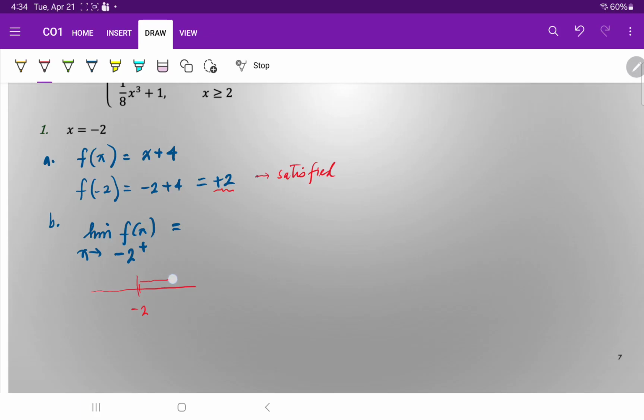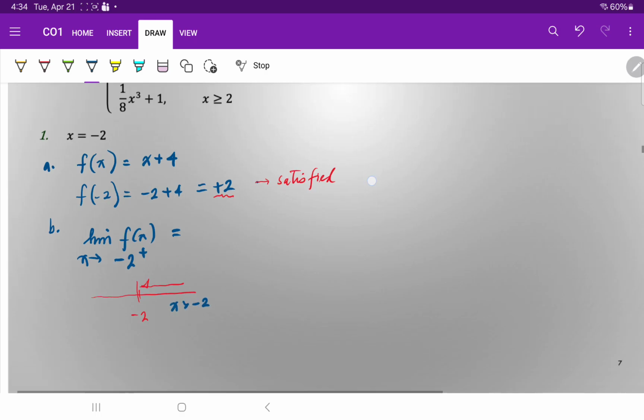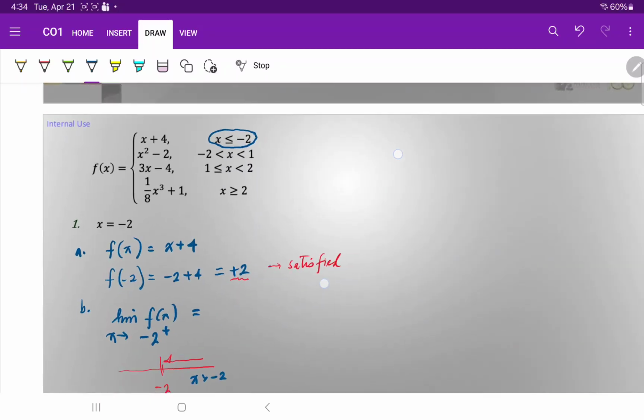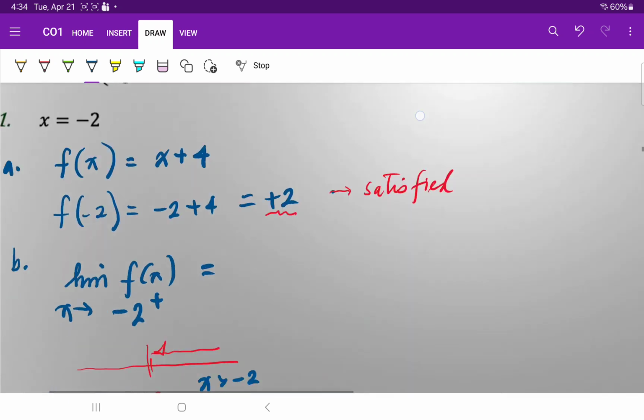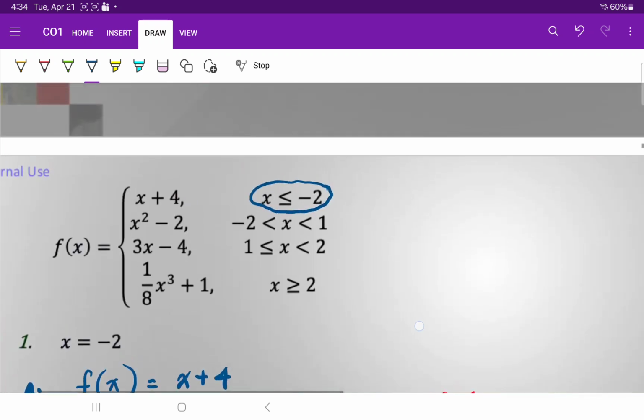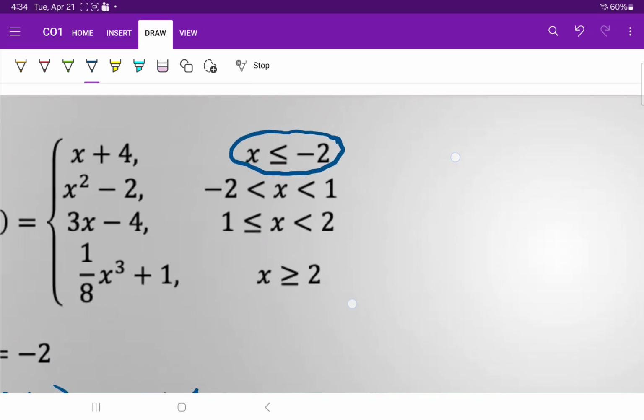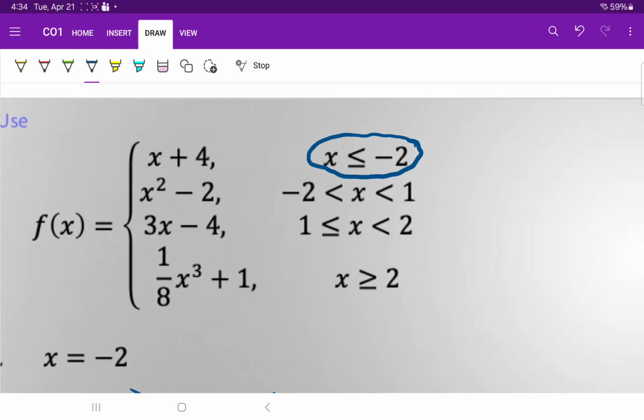If you come from the right of negative 2, here x is greater than negative 2. So which of the rules of association will you use for x greater than negative 2? It's this one here, right?